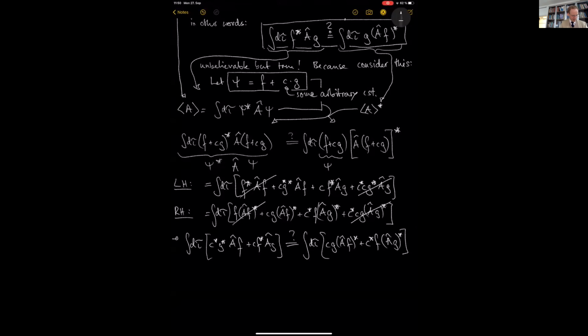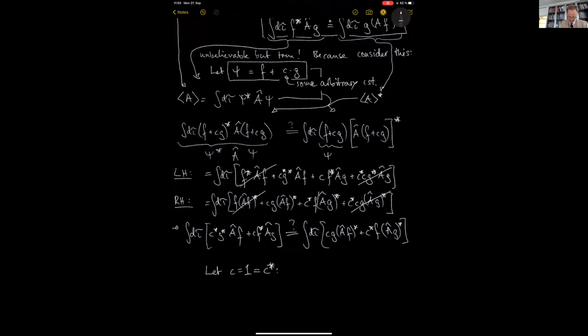So we want to exploit this in 2 ways. The first, let C be equal to 1, a real number, and its complex conjugate also equals 1. So no complex numbers. In this case, if C is a constant equal to 1, then what happens is that d tau, from the left hand again.